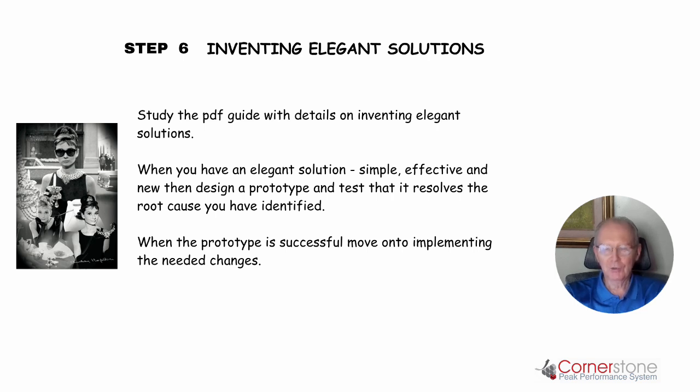When you have an elegant solution that is simple, effective, and new, then you design a prototype and test the prototype to see that it resolves the root cause you have identified. When the prototype is successful, you move on to implementing the needed changes.